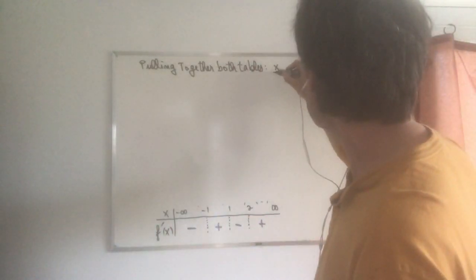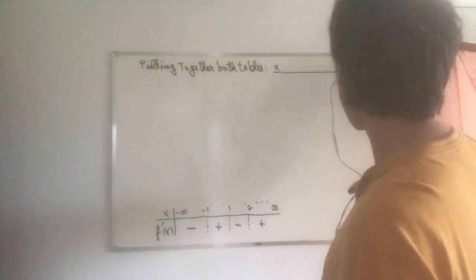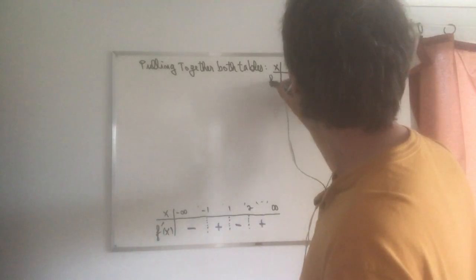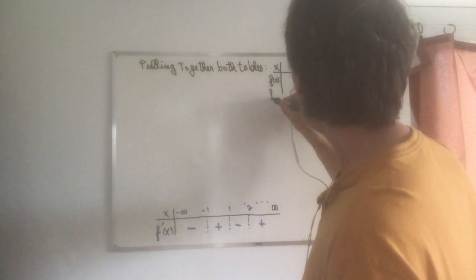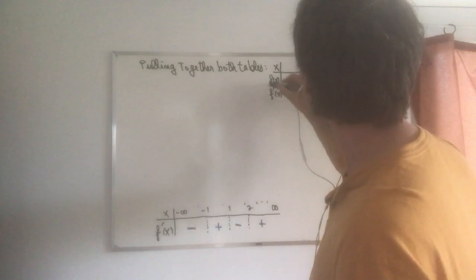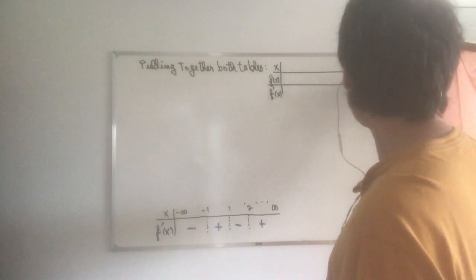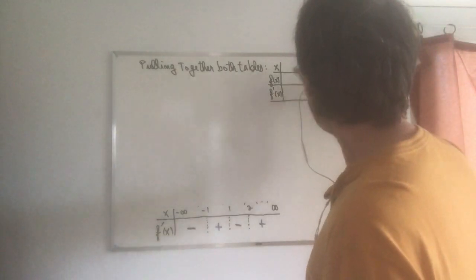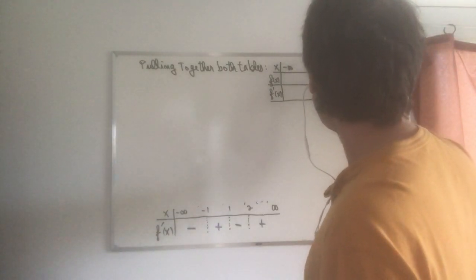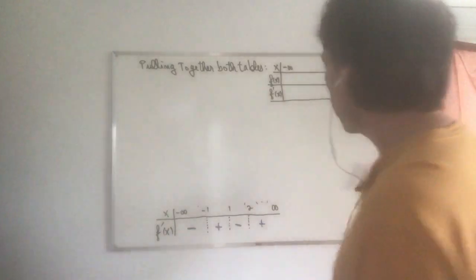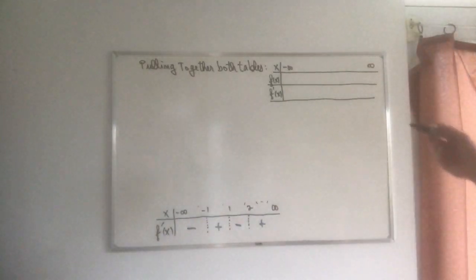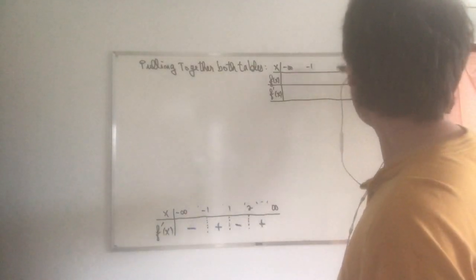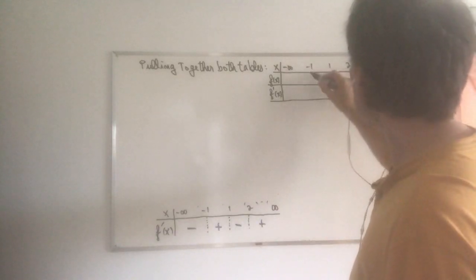So here's an x, and here's an f of x, and here's an f prime of x. Minus infinity to infinity for my x's. You remember the key numbers were -1, 1, and 2.